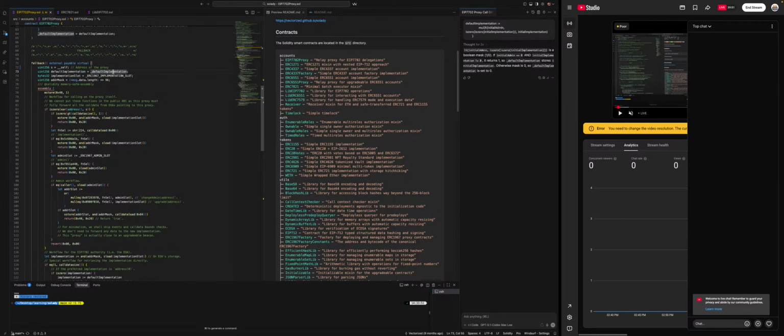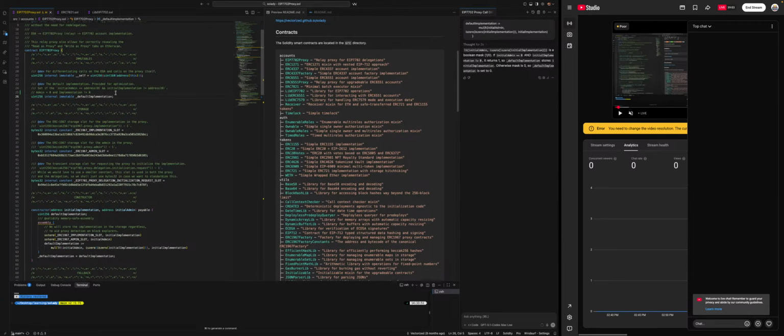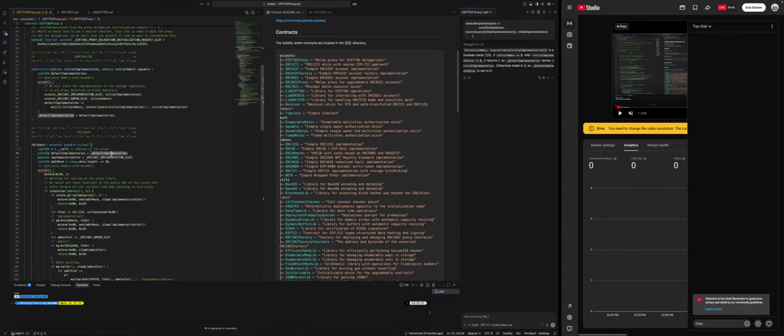Default implementation, we are just taking the default. I don't understand.